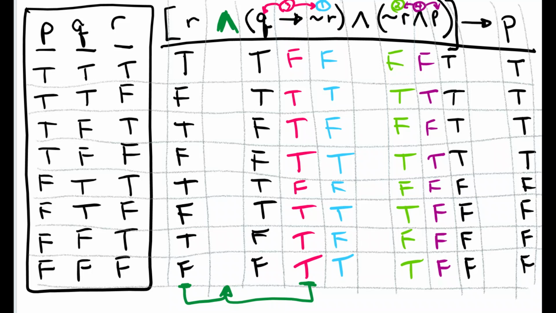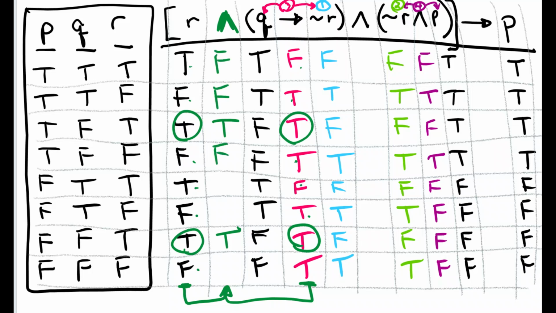And it's an and. So I'm looking for T and T is T. Here's a true and true is true. True and true is true. True and false, false and true, false and true, true and false, false and true, false and true. The rest are all falses.